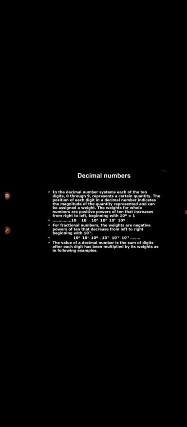The weights for whole numbers are positive powers of 10 that increase from right to left, beginning with 10 power 0, which is 1. For fractional numbers, the weights are negative powers of 10 that decrease from left to right, beginning with 10 power minus 1. The value of a decimal number is the sum of its digits after each digit has been multiplied by its weight, as in the following example. Let's see one example here.